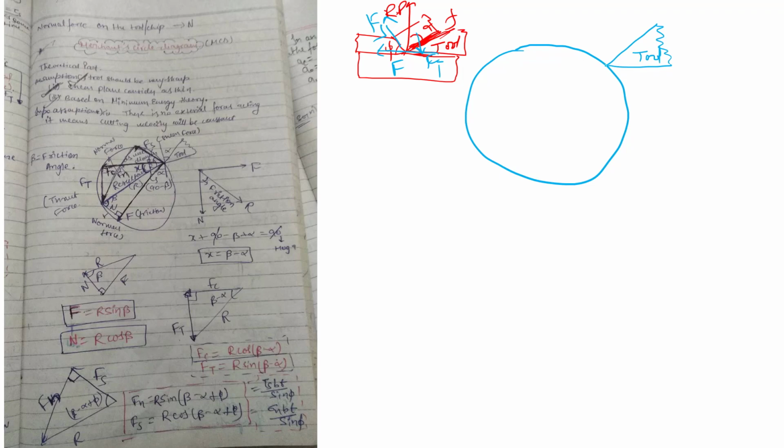In this diagram we can already see that the shear force is acting in this direction, so the tool is applying the shear force in this direction. The direction of the shear force will be in this direction. This is the shear force.